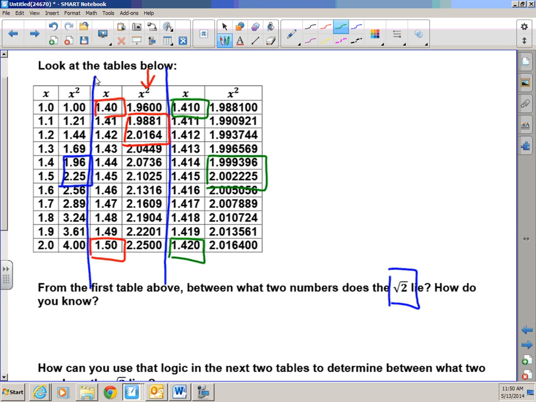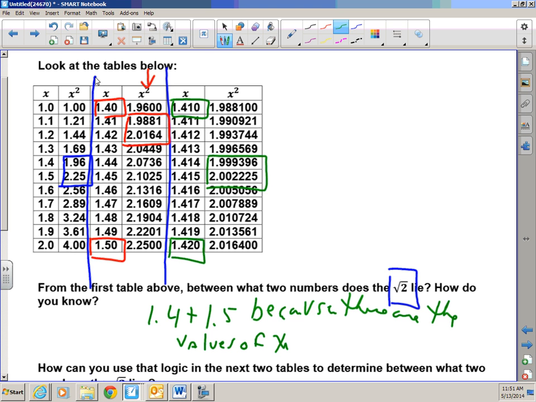So we know from the first table, it's between 1.4 and 1.5, because these are values of x that correspond to x squared.